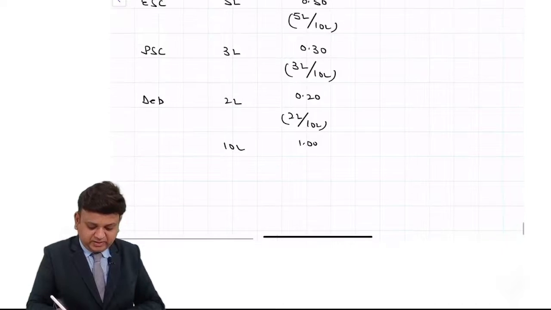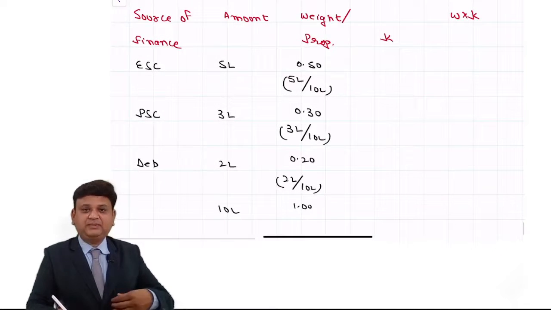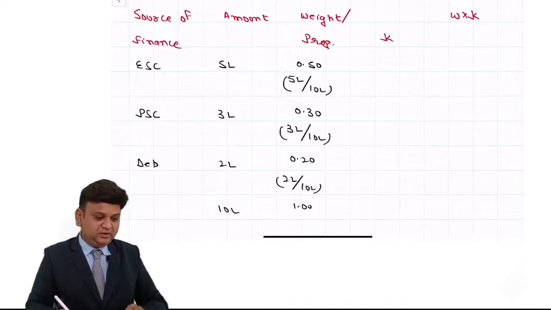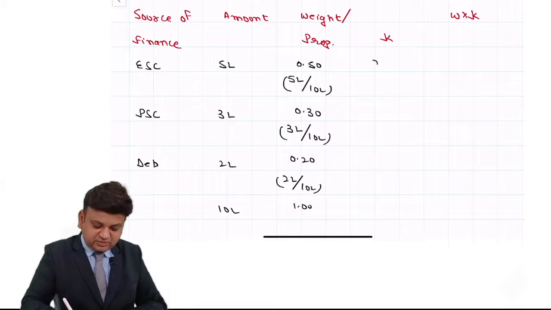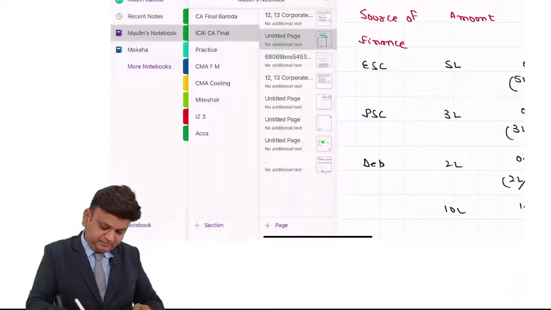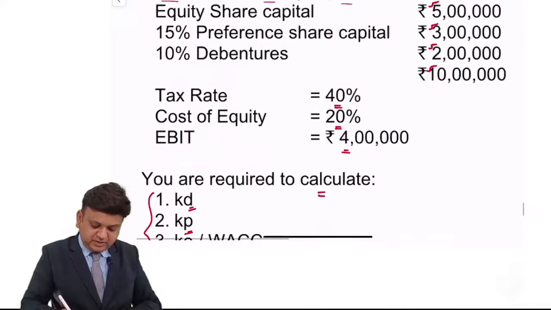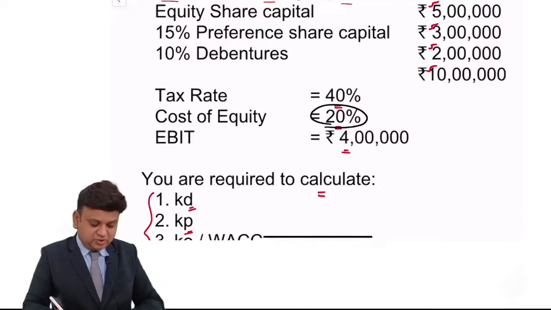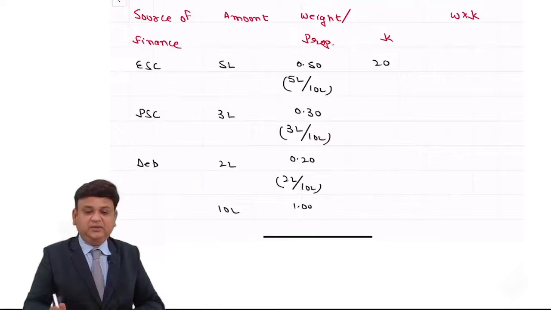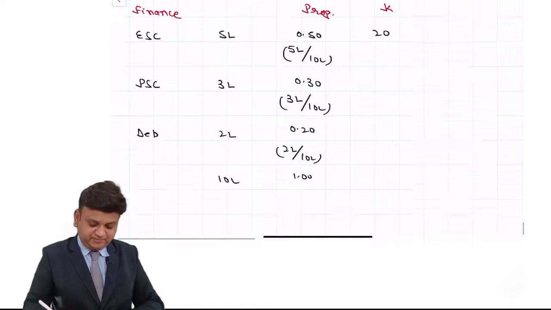So the total is 1. Multiplied with the respective cost of capital. Cost of equity is given to us in the question, 20%. Cost of debenture and cost of preference share have been calculated by us.